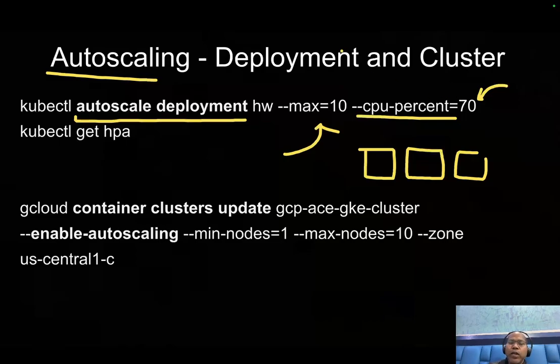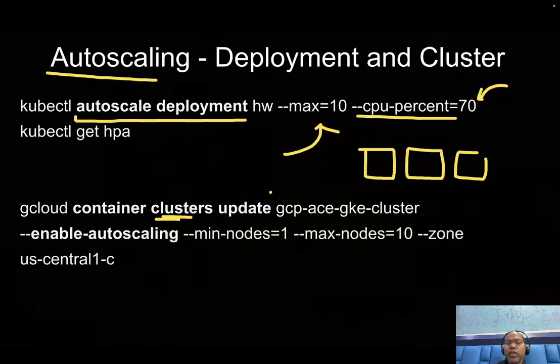Let's say a CPU percentage of 70%: when your application's pods go above that, your deployment will automatically scale up and scale down accordingly.